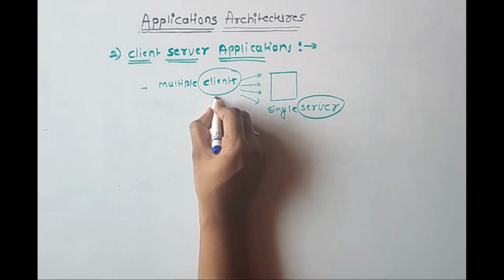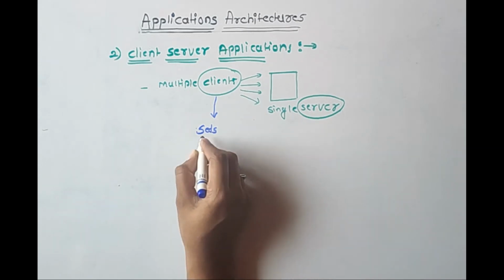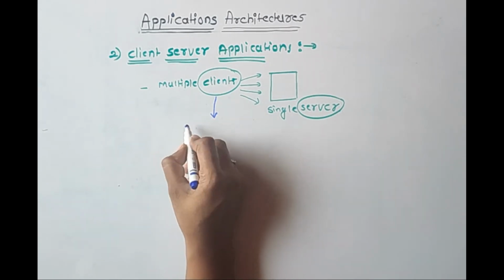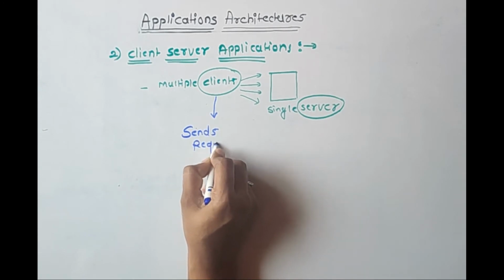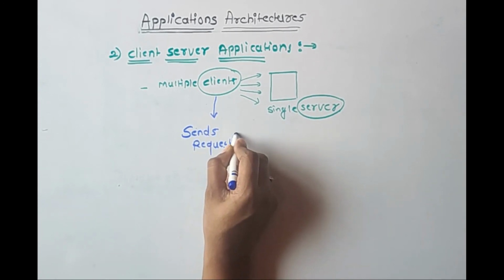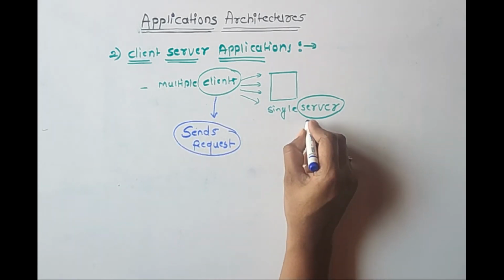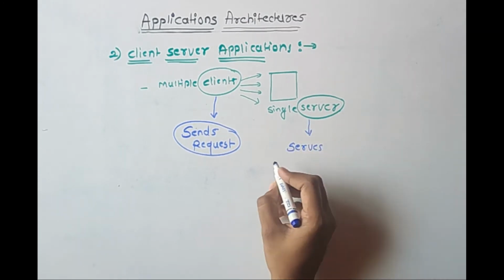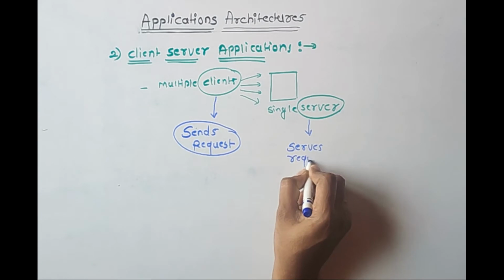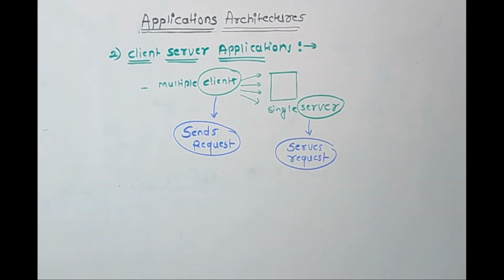Now, what is meant by client and what is meant by server? The program that sends a request, we call it a client, and the program which serves the request, we call it a server.